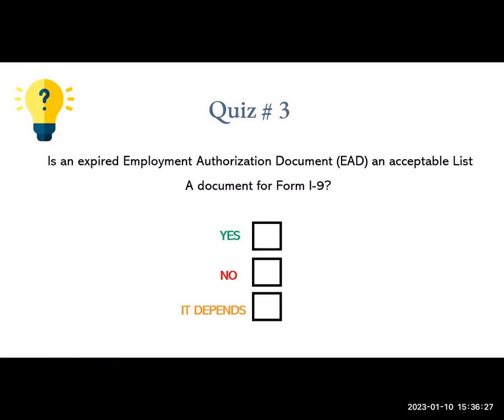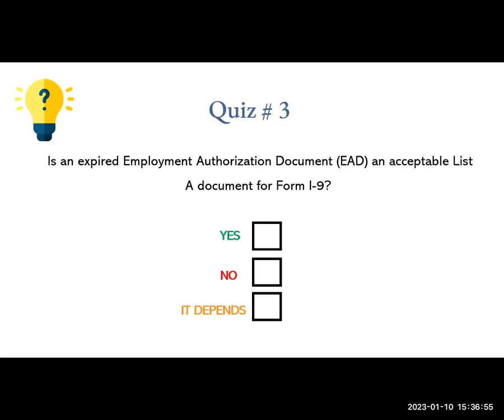Is an expired employment authorization document an acceptable List A document for Form I-9? Yes. It depends. That's the answer, for the reasons that we talked about.